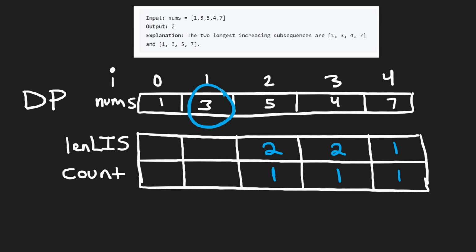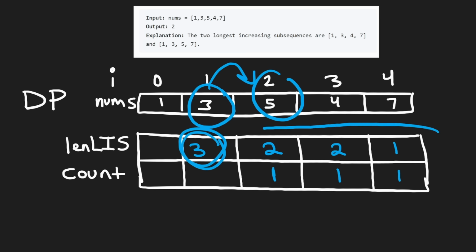Now at 3, we're going to look at the next value. It's 5, and 5 is greater than 3. That's good. So what's the length of this LIS? Well, 5 is not just a value by itself, because we know starting from 5, we can create an LIS of length 2. So therefore, starting at this value 3, we can create an LIS of 3. But just because we found one LIS that we can create doesn't necessarily mean it's the maximum.